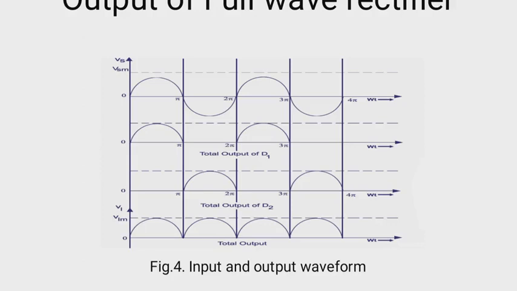So the P terminal of diode D2 will be more positive as compared to diode D1. Hence the current will pass through diode D2.